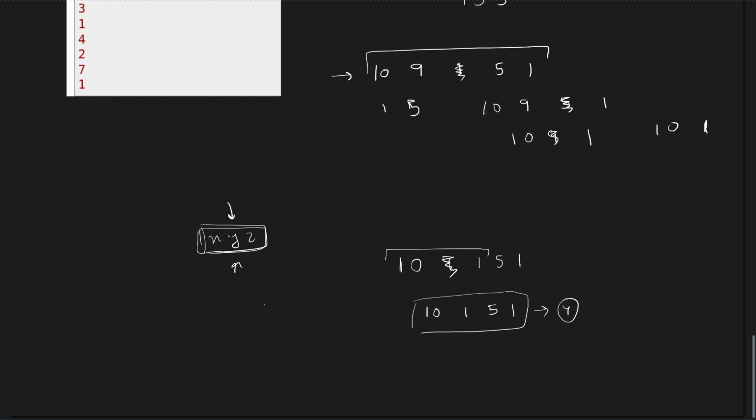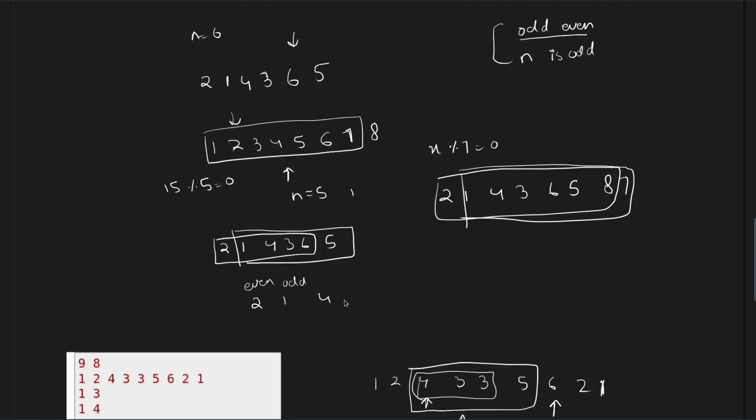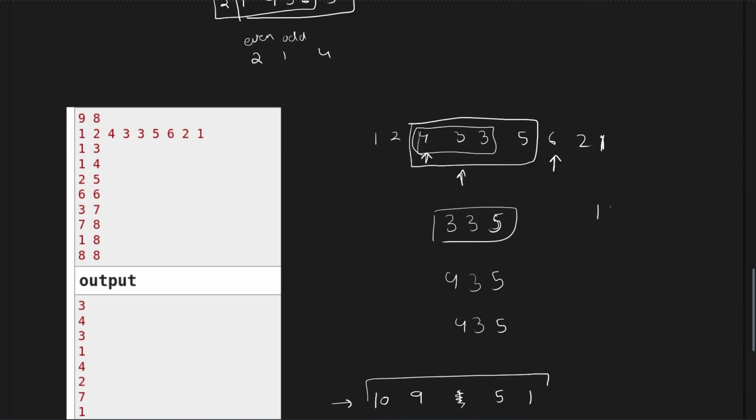So in the initial array, for example, in this particular array, the array was 1, 2, 4, 3, 3, 5, 6, 2, 1. We discussed that 4, 3, 3 is a problem causing range, and 6, 2, 1 is also a problem causing range. So if we talk about the whole array, I can just remove these two characters, 4 and 2.